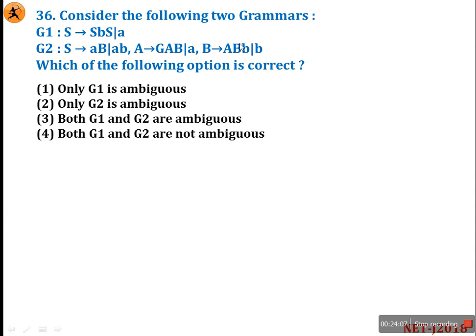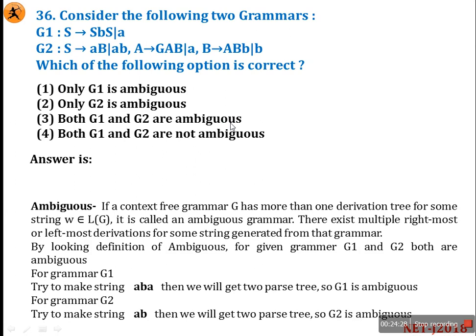36th question, consider the following grammar. They have given two grammars. Don't think it too much related to this one. The simple thing is, whether G1 is ambiguous or G2 is ambiguous. First of all, this grammar starts with S and generates SBA. I'll explain what is ambiguous with one example.